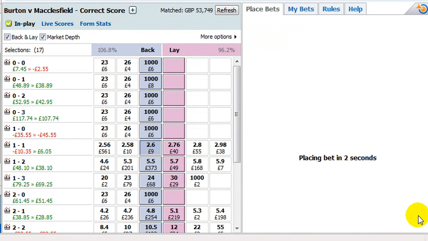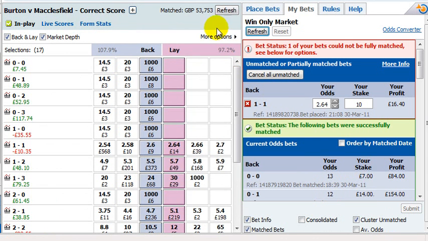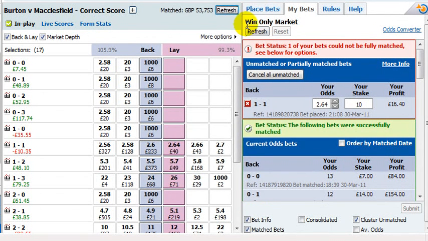I've got rid of one of the bigger dangers with that second layer, the under 4.5, which is the higher score lines. We've got about 80, 81 pounds still red on the score lines like 2-2, 2-3, 3-2, 3-3.